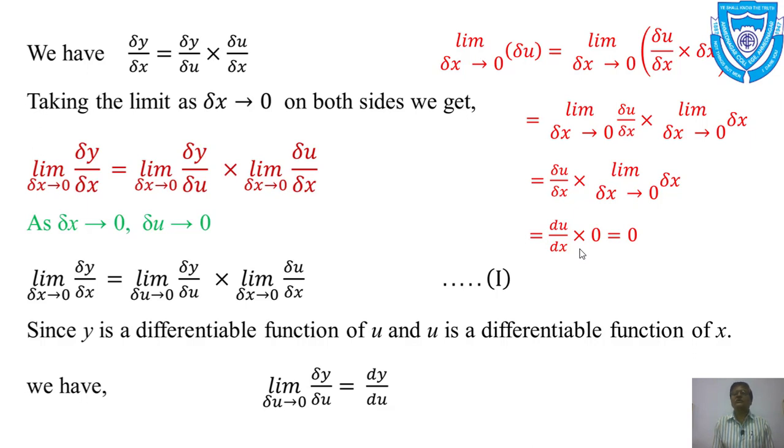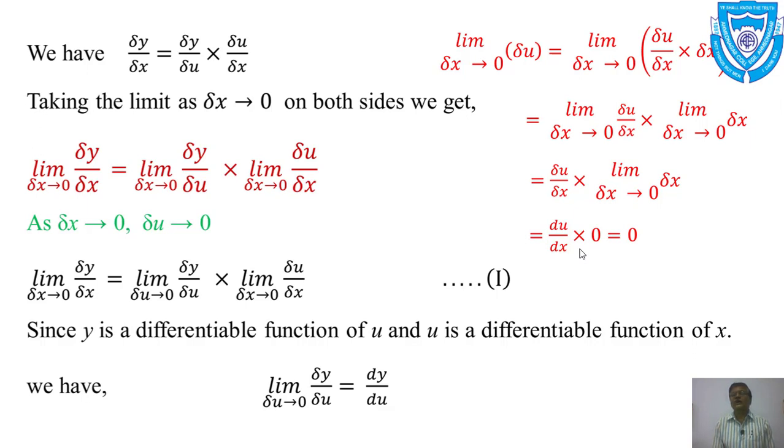Now I have given here a justification, an explanation of why delta u tends to 0 as delta x tends to 0. It means that when the increment in x is small, the corresponding increment in u is also small. So let me read this. The limit as delta x tends to 0 of delta u: I want to show that this limit is 0.